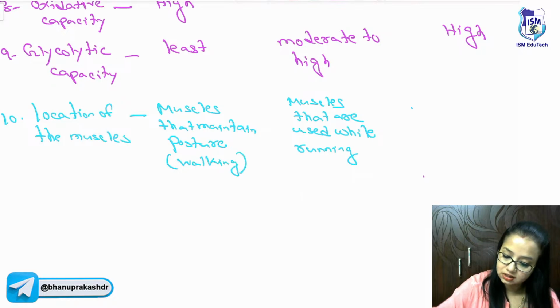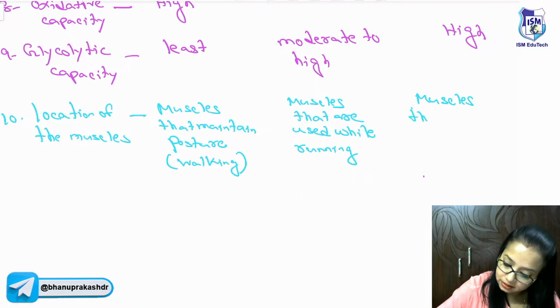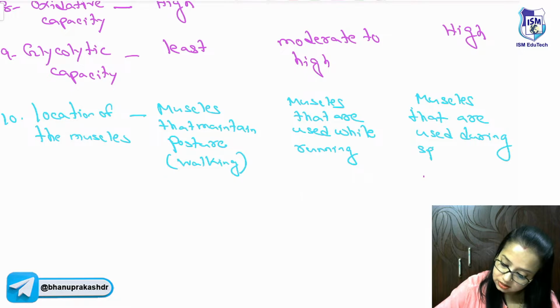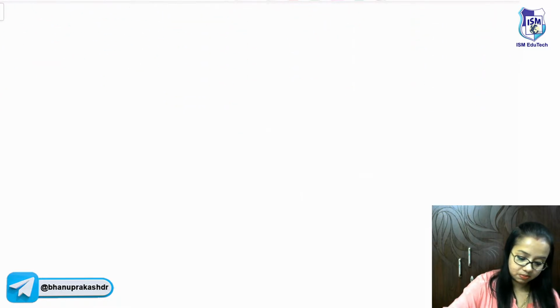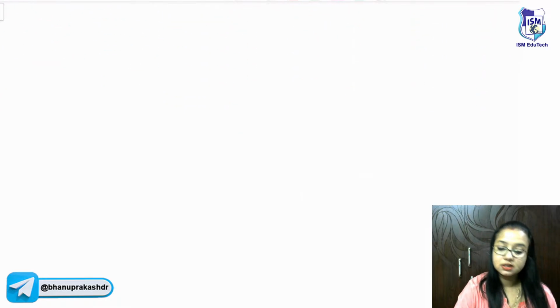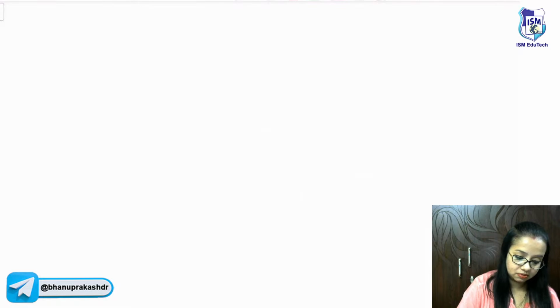And type 2B are located in the muscles that are used during sprinting. Okay, so these are the characteristics of the types of skeletal muscle fiber.